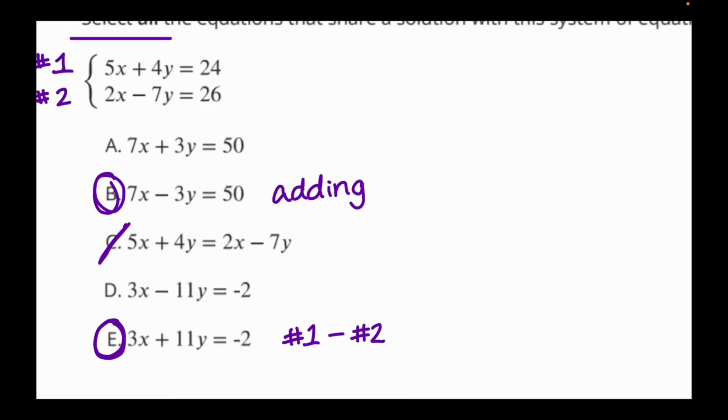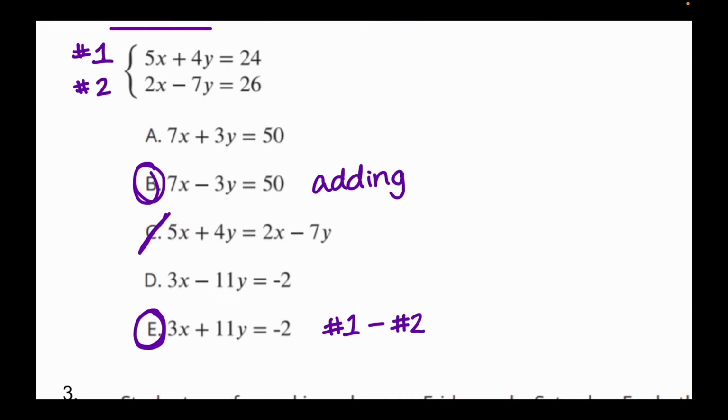And the really nice thing about subtracting is that if you do the subtraction in one direction, you can do the subtraction in the other direction just by changing the sign of every single answer.